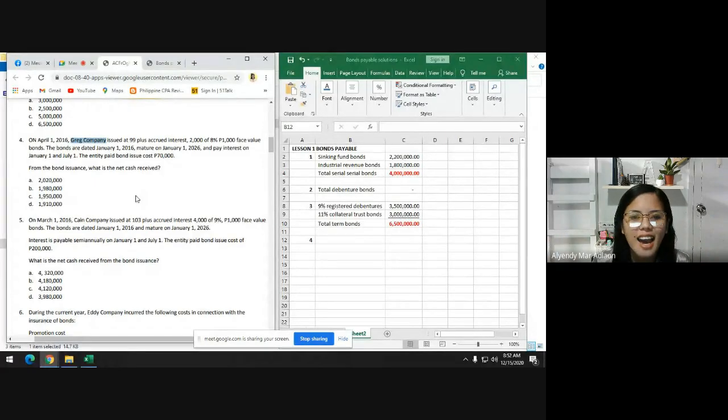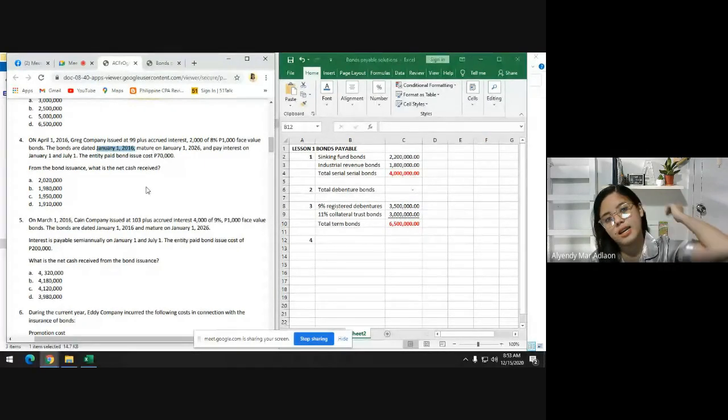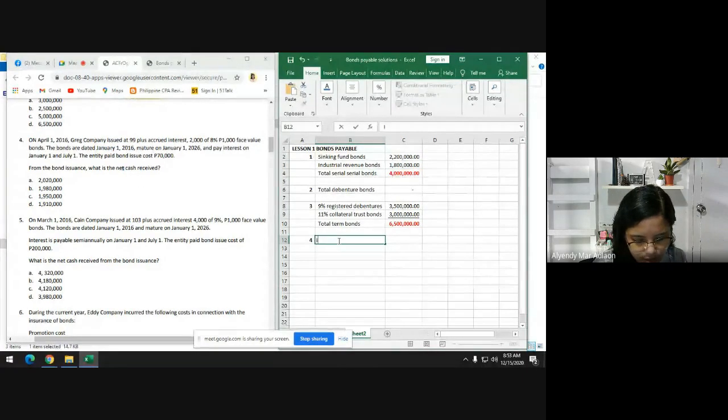Si Greg da ay ang ni-issue. So, pila daw ang net cash nga na-receive ni Greg. Okay? So, since bonds, mag-start na magtubo yung interest January 1, so ang mo-purchase ana nga bonds, apilan pud niya og bayad ang interest. Okay? So, let's start with its issue price.